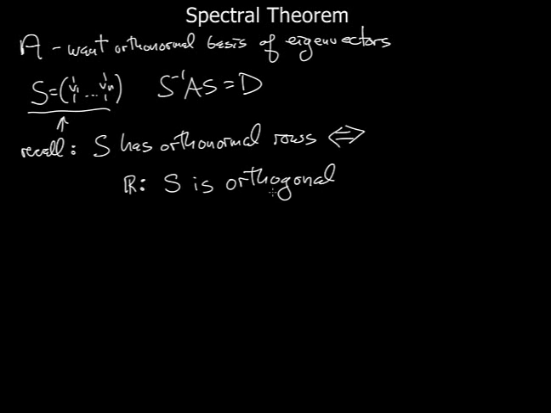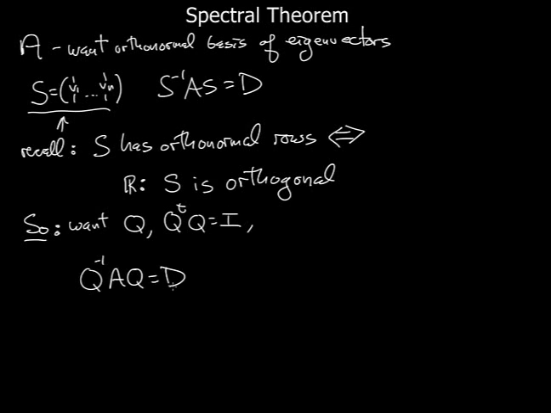So we're interested in the following situation. I want an orthogonal matrix Q, that is to say, it satisfies this condition, such that Q inverse AQ is D. It diagonalizes A. Now this equation should look familiar to you, and I suggest you pause the video for a minute and think about that and go back and see where we've seen something like this before.